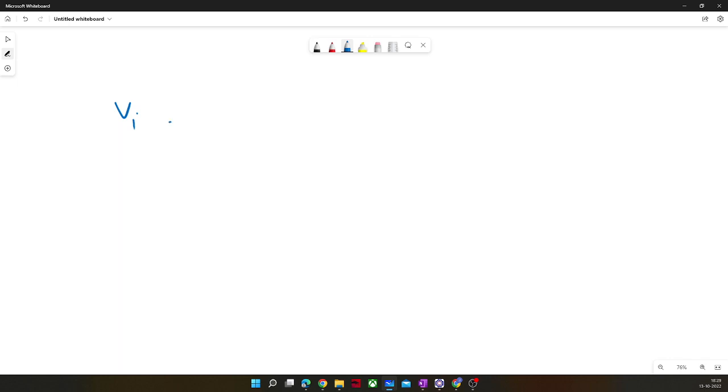So let's say this is the circuit here. Two switches are connected. This is V1, this is V2. This is working with H1 switching function.